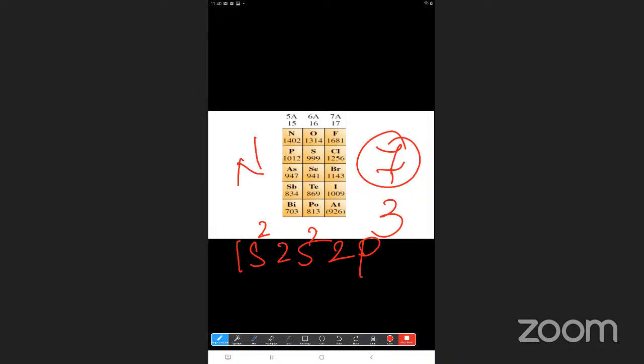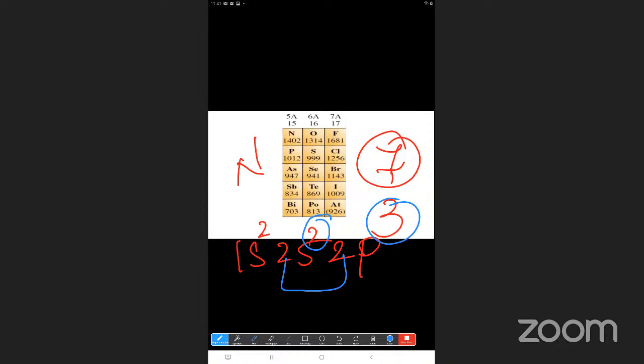So observe the valency shell electrons here. 2s2, 2p3 is the valency shell, that means the last shell. In this last shell, this atom has 5 electrons, 2 plus 3, 5.